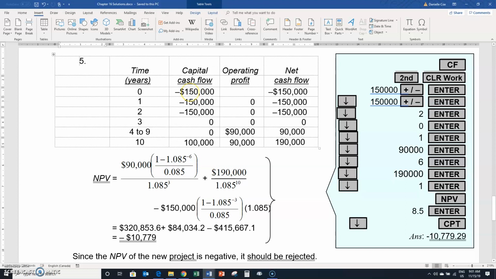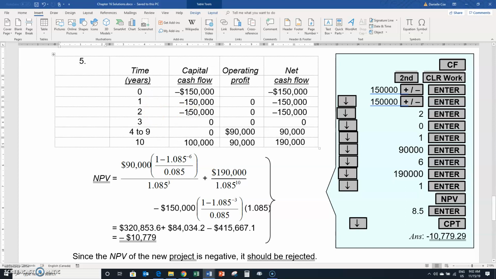When you read the question, it's not really obvious, but when you write it out, it becomes clearer. The $150,000 is for 3 years, but the first year is always immediate. So $150,000 now, $150,000 in the next year, which is year 1, and again in year 2.